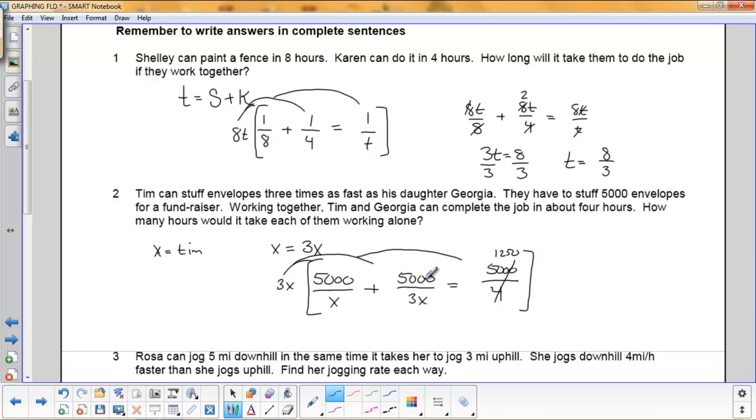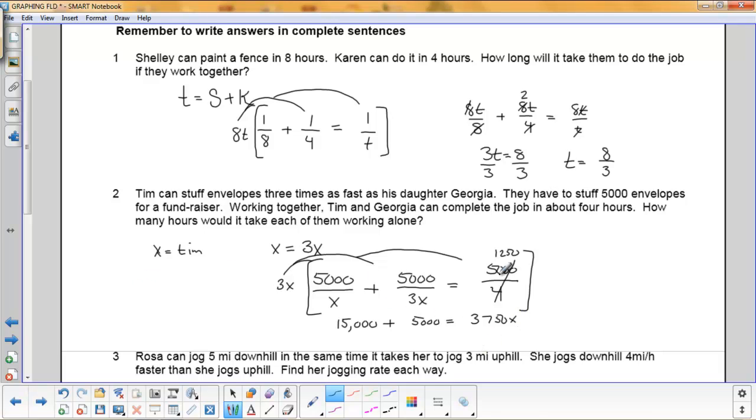If we multiply that throughout, that's going to give us 15,000 plus 5,000 equals 3,750 times x.